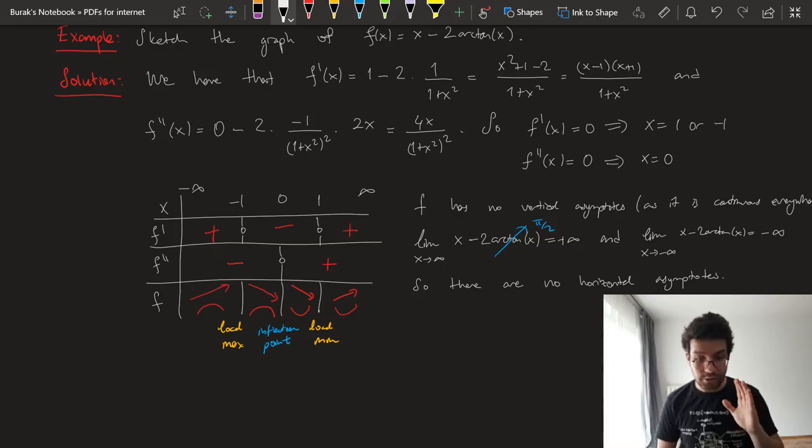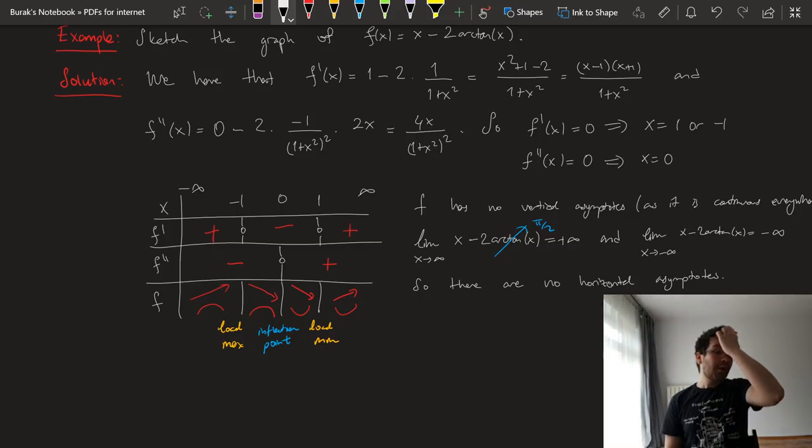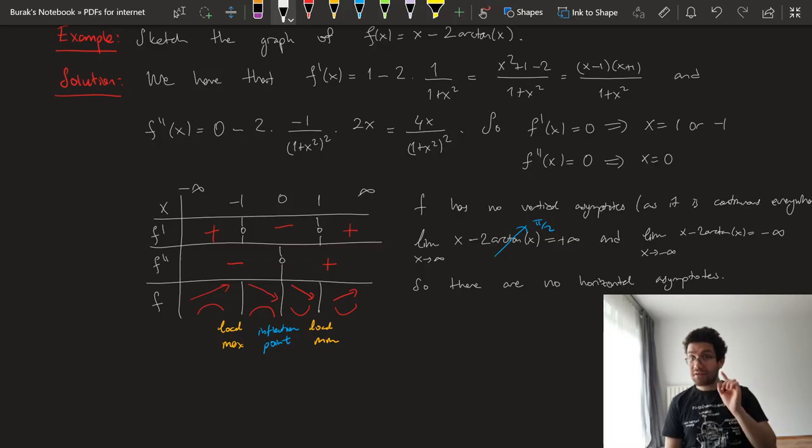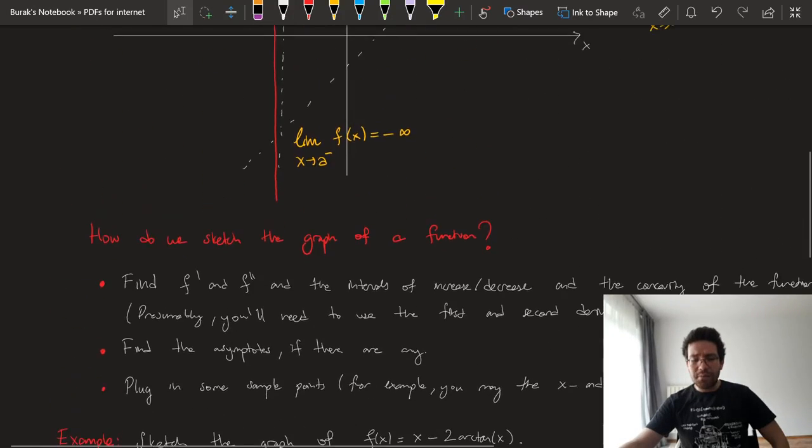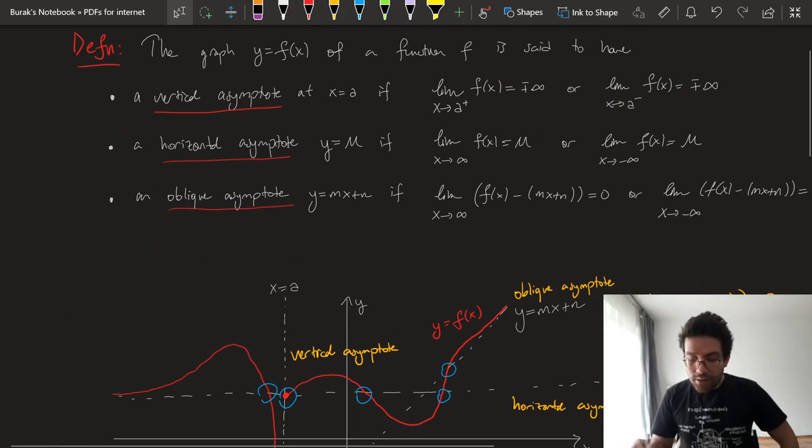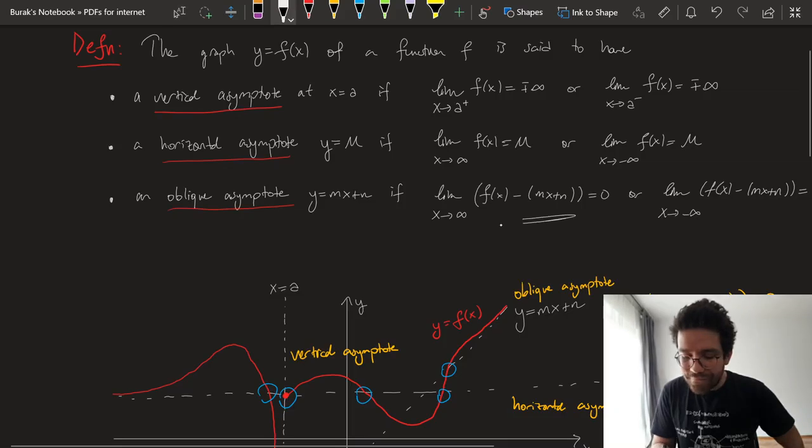Now, you should also check whether there are oblique asymptotes. Checking whether there are oblique asymptotes is not as easy as checking vertical or horizontal asymptotes, because it requires you to think. Well, these also require you to think, but for oblique asymptotes, you have to think a bit more. The reason is, if there's an oblique asymptote, there is a linear function such that the difference goes to 0.